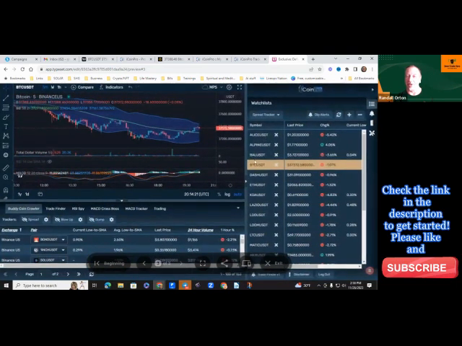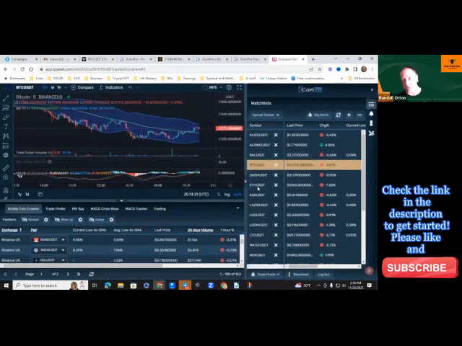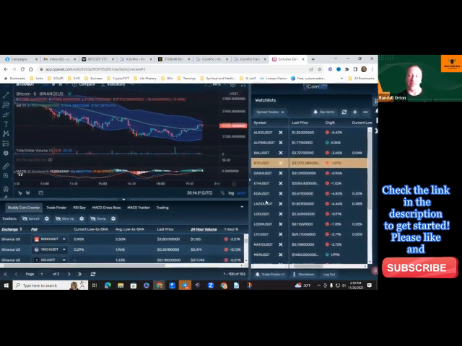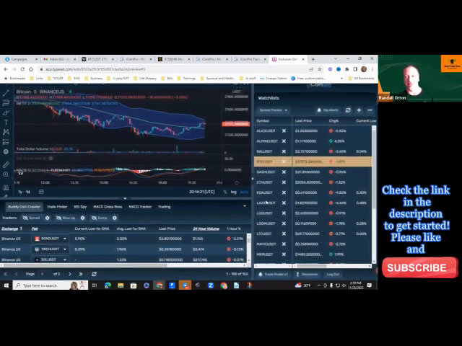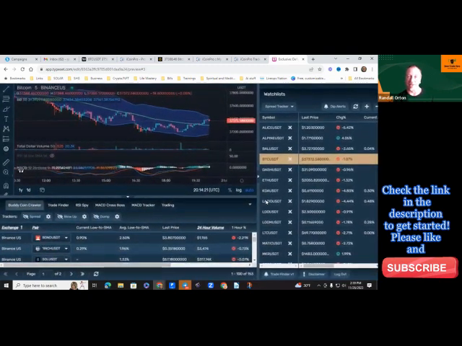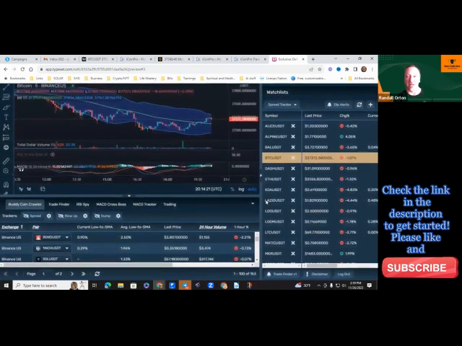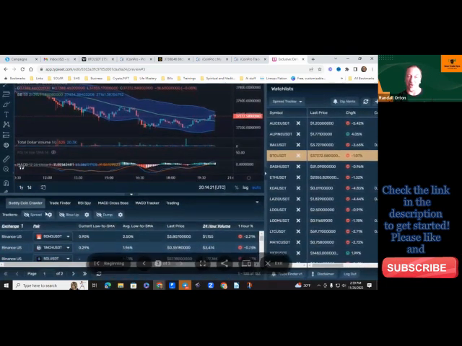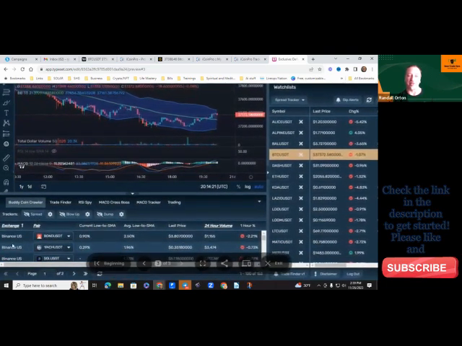It'll populate it over here in your spread tracker watch list, and then it'll also send you an alert. So you're not limited to sitting on your computer the entire day watching coins and waiting for something to happen. You'll actually get an alert when the spread's really starting to widen on any of these coins.